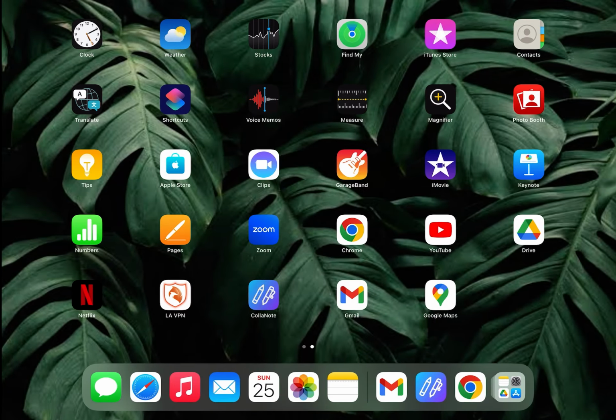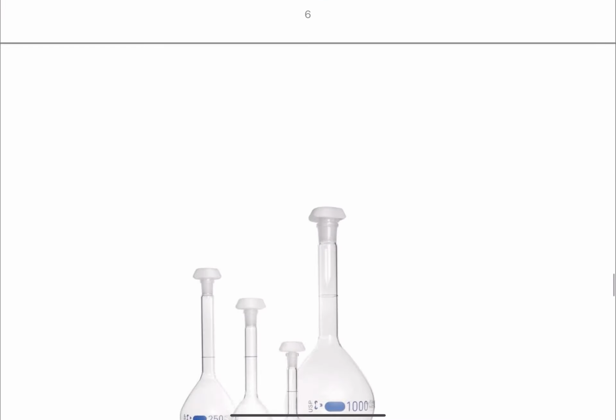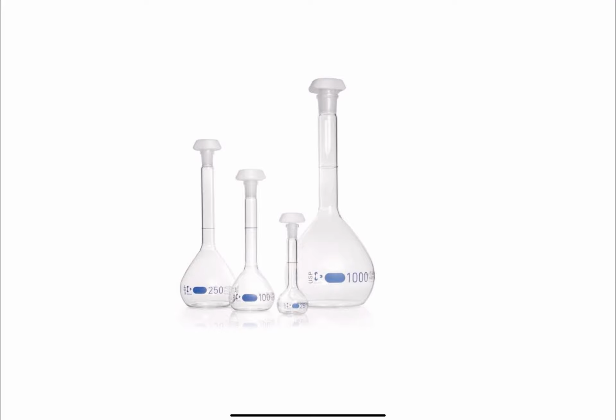Okay. The next apparatus is volumetric flask. Now volumetric flask also measures fixed volumes, like a volumetric pipette measures fixed volumes. So the two apparatus that measure fixed volumes are volumetric flasks and volumetric pipette. Fixed volumes. This is a 250 ml or a 250 cm3 volumetric flask.